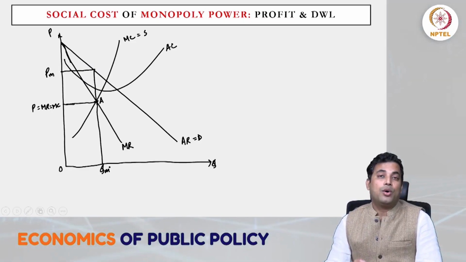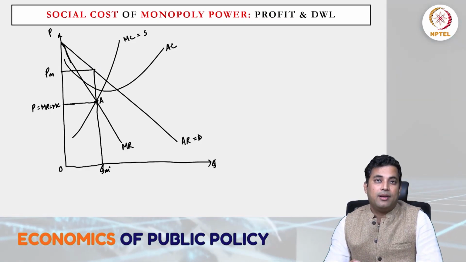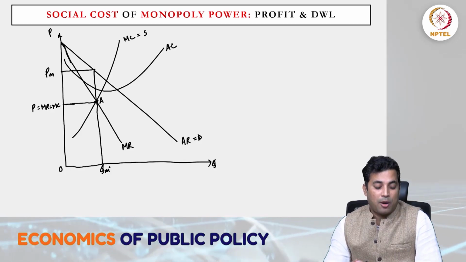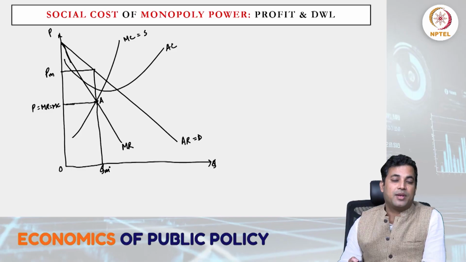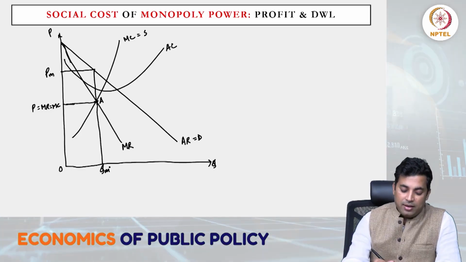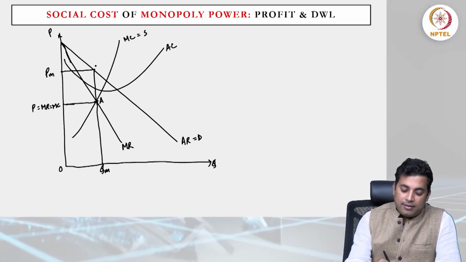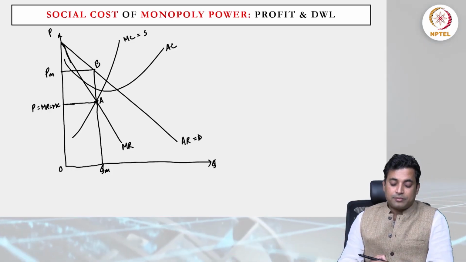So OQM is the quantity produced under monopoly, OPM is the price set under monopoly, and say this is point B.